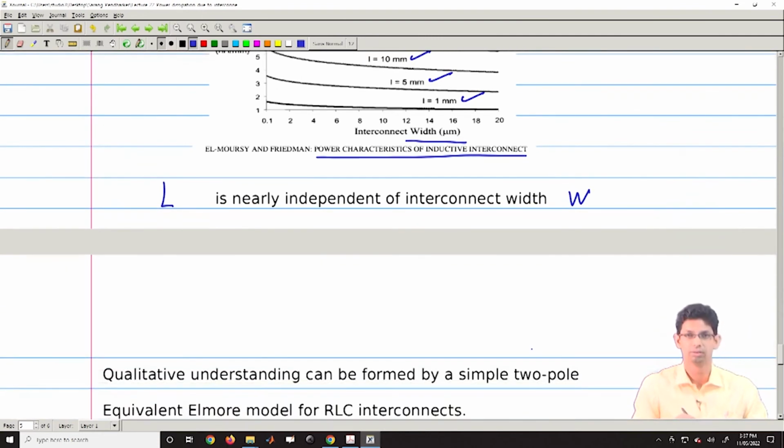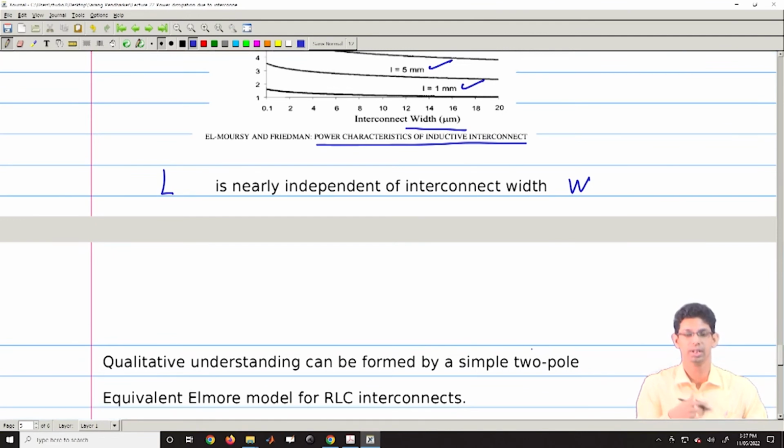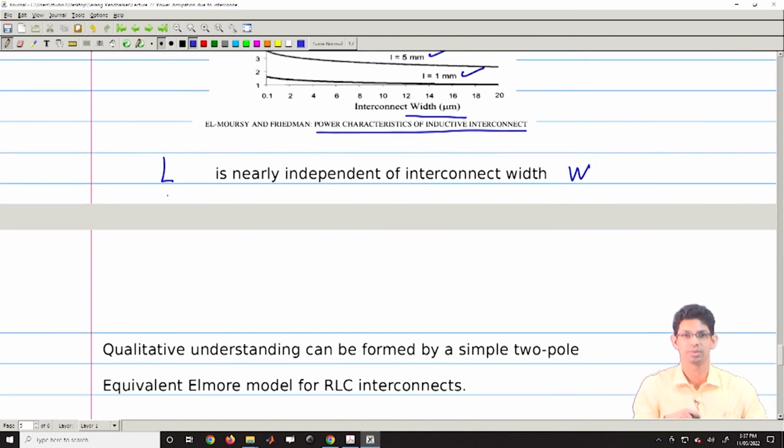So how do we understand the impact on delay when this is also there? Now, there is an LC term also present. To get an exact expression, we would have to go to the exact transfer function, get the exact output waveform, and from there get the delay. But we need a closed form or approximate closed form expression.